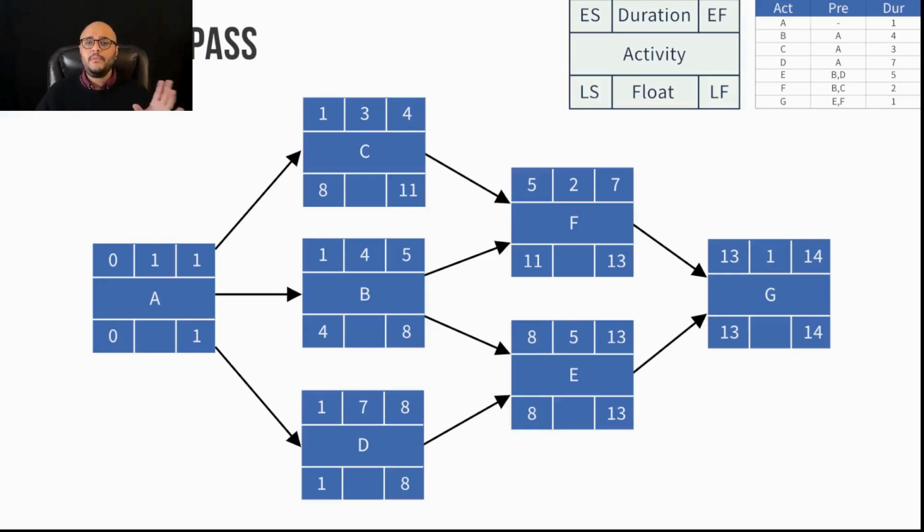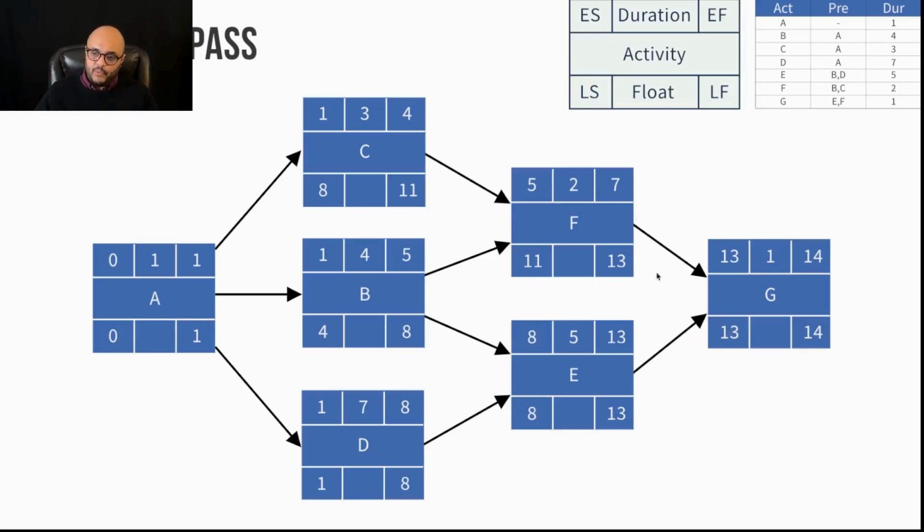The formula says, you're going to calculate the late start date by taking the late finish date minus the duration. Now, because we're starting at the end, my early finish date, which is 14, by default becomes my late finish date. They are the same. So to calculate my late start, I will do late finish, which is 14, minus the duration, which is 1. That gives me a late start of 13 weeks.